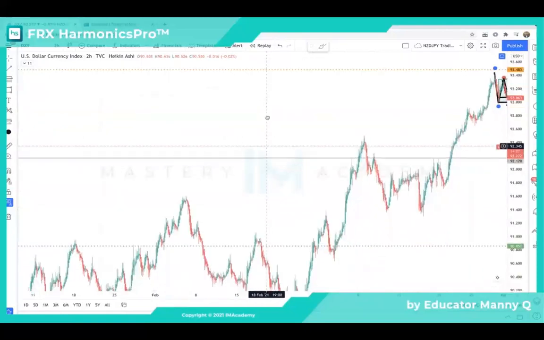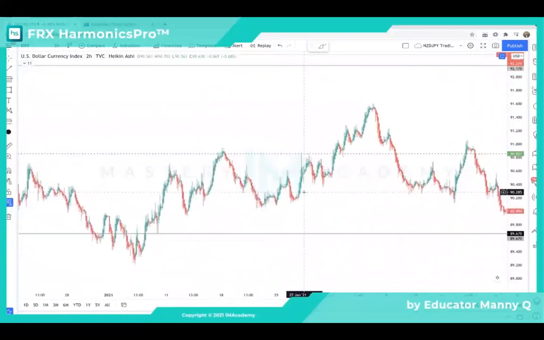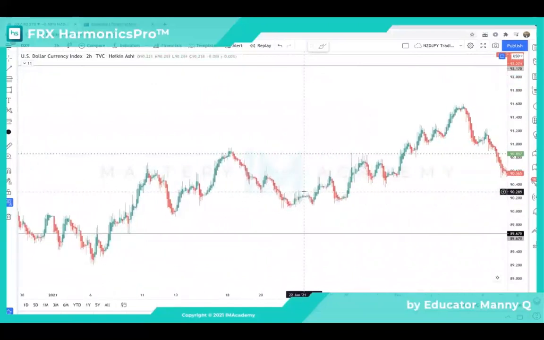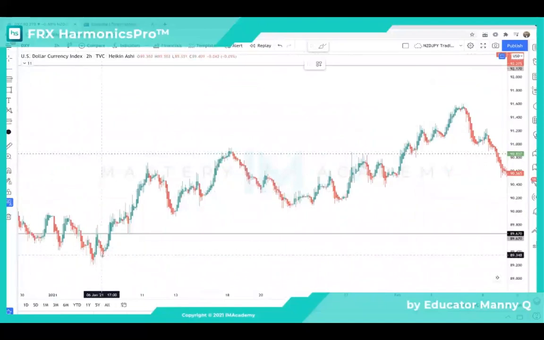Let's come down here. Let's look at the market structure right over here. Okay. This is why when traders are trading in the market, again, technical analysis, they will look at these previous points. I'm gonna mark these up. Okay.